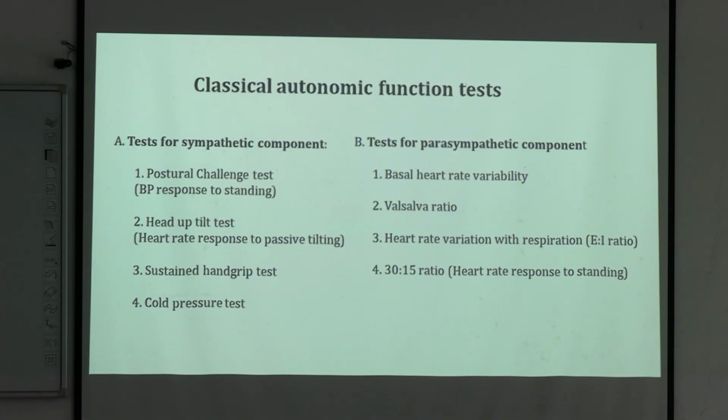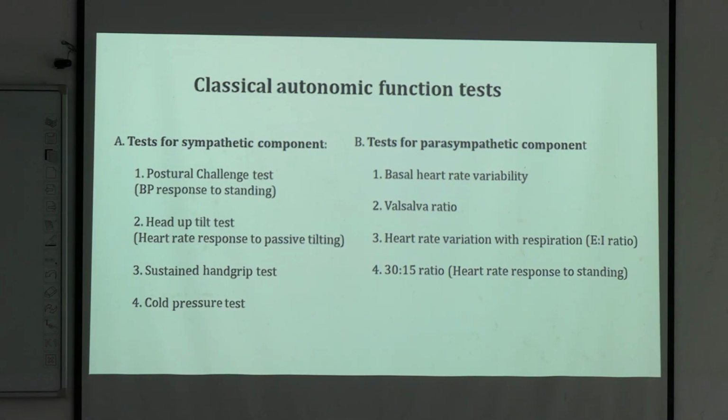What is the Valsalva ratio, the Valsalva procedure? Then heart rate variation with respiration, also called the E:I ratio, the expiration to inspiration ratio, and the 30:15 ratio, the heart rate response to standing.